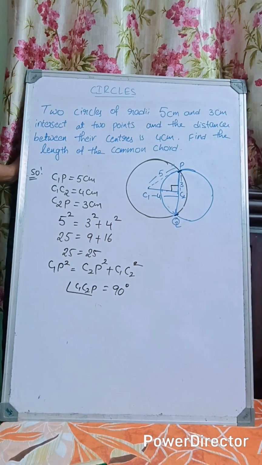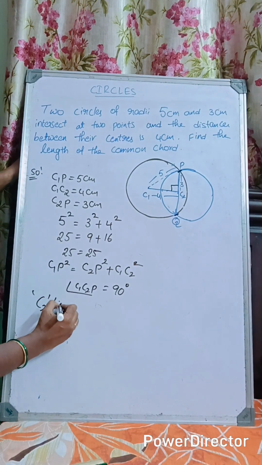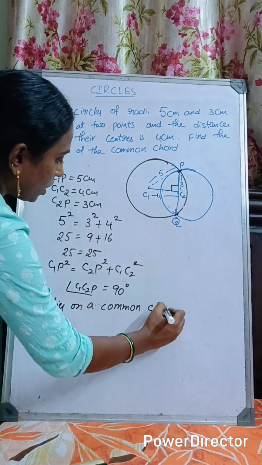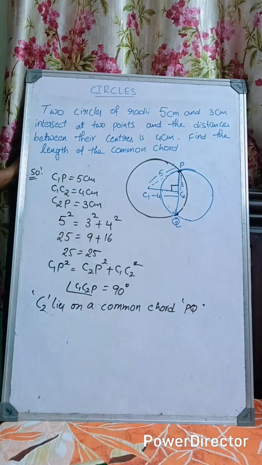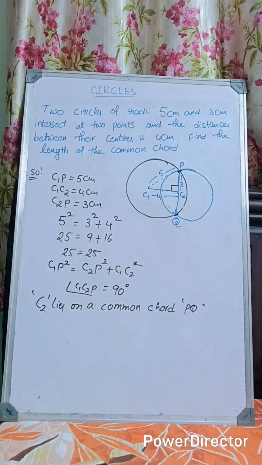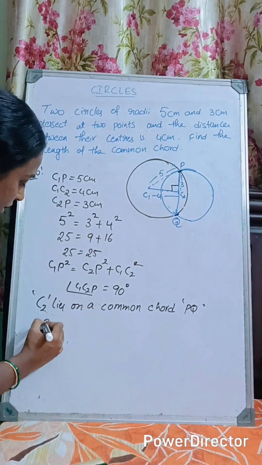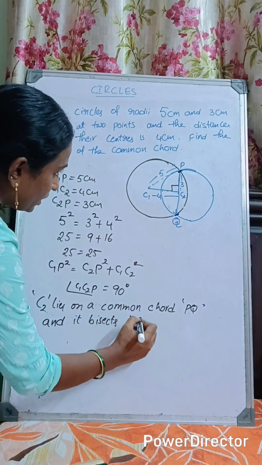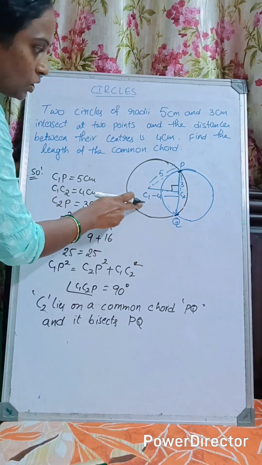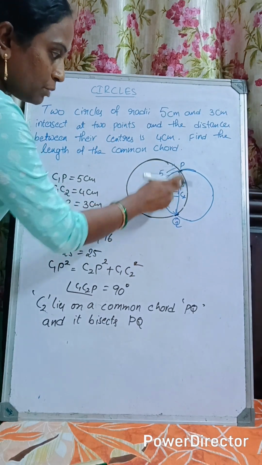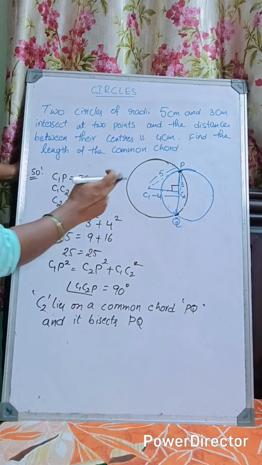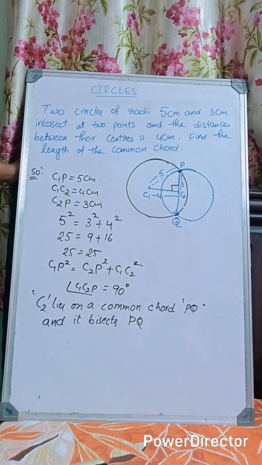So from this what can I write here? C2 lies on the common chord PQ and it bisects PQ. Correct or not? From the center to the chord, if you draw the perpendicular, it bisects the chord, as we learned before. So can I say C2 is the midpoint of PQ?